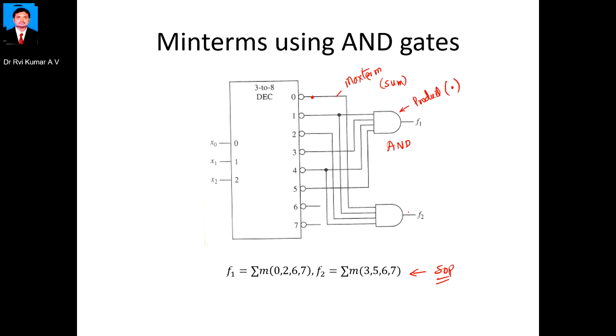So similarly, here the function is 0 2 6 7. So I'm taking a 0 and 2 and 6 7.